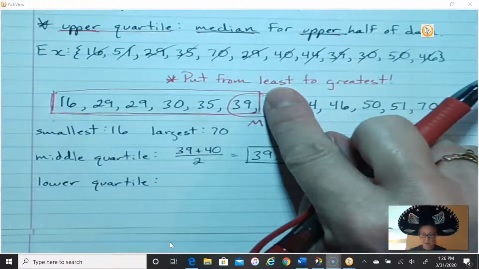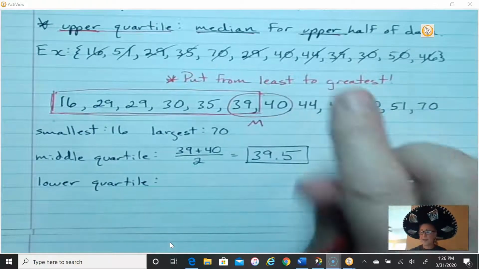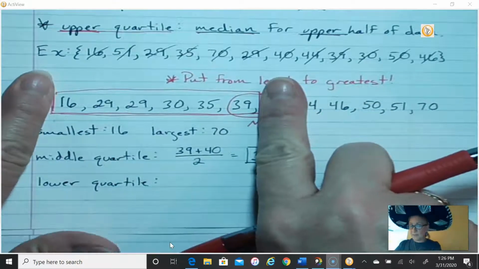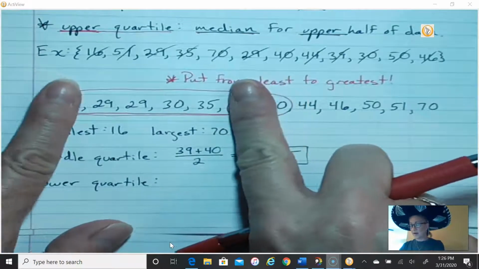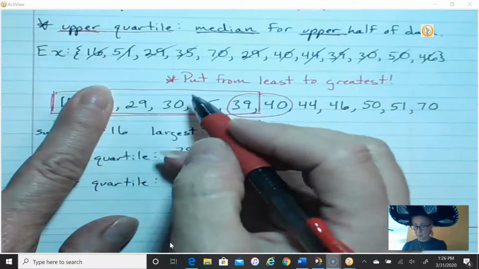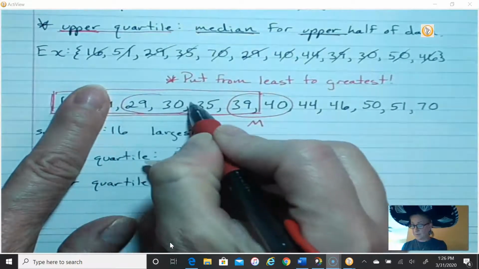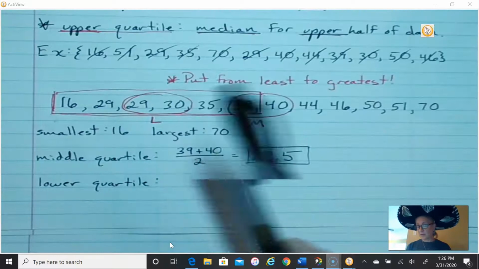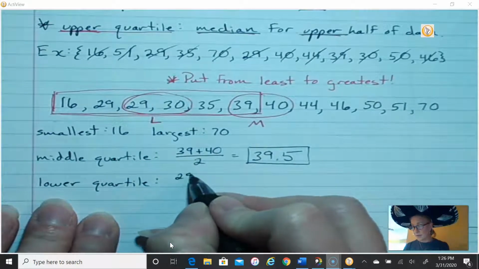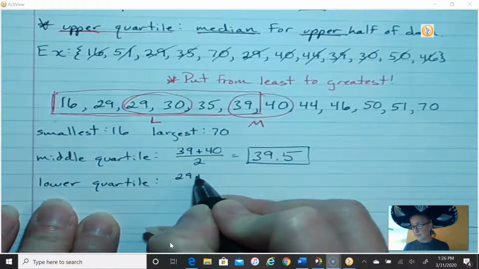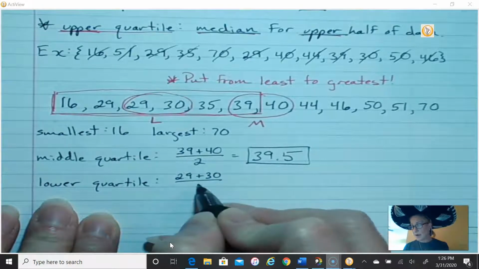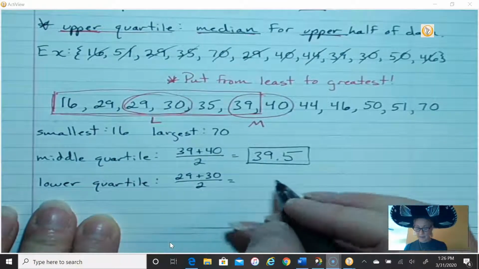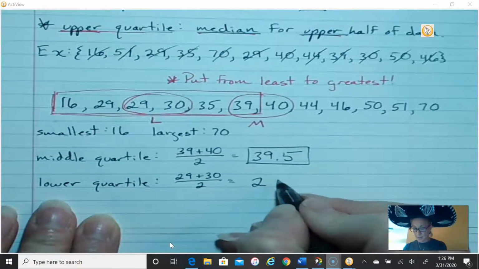See that? Okay, so now if you recall, it's the median for the lower half. So if this is the lower half, I need to find the median there. So I cover it up, and I'm left with these two in the middle. That's your lower. And we have two numbers there, so I'm going to get my average, my mean. I'm going to add them together and divide by 2 because there's 2. And I get 29.5.